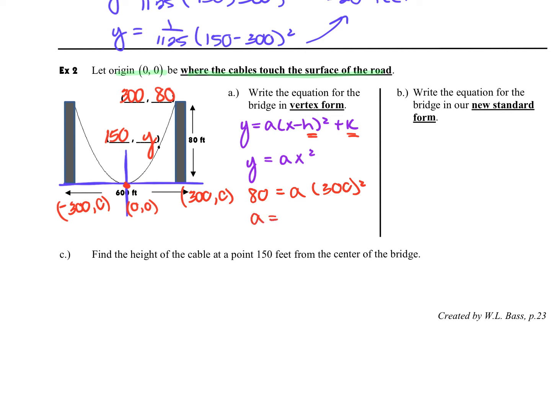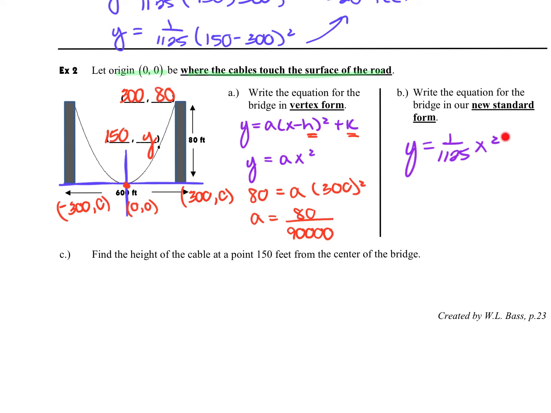You're going to have your 80 divided by your 90,000. So you get the exact same equation that we did before. You would have y equals 1 over 1,125, and now you're going to have an x squared because our origin is at, or our vertex is at a different place, okay?